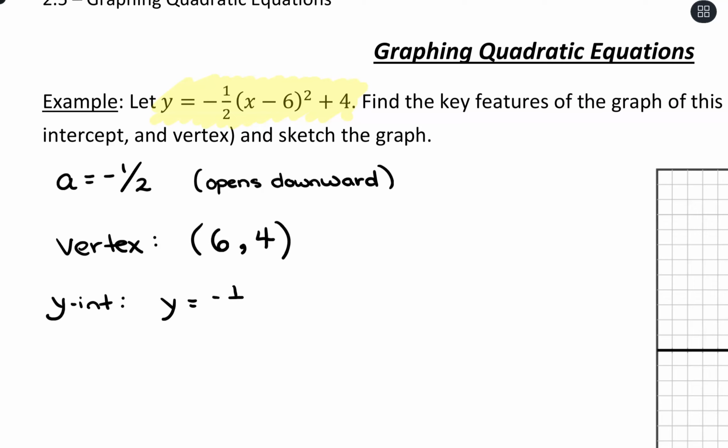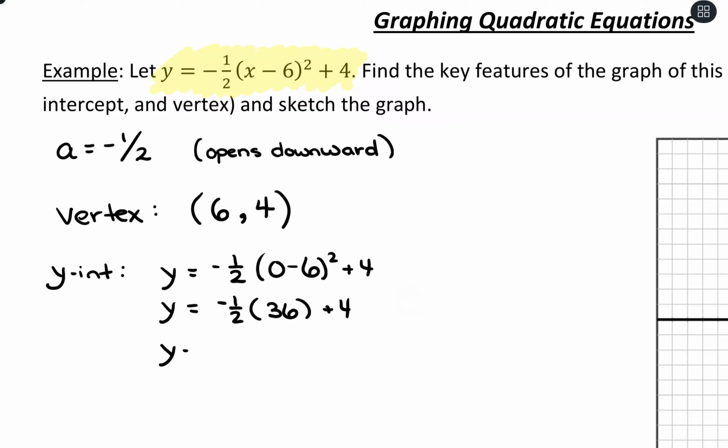So y equals -1/2 times (0 minus 6) squared plus 4. So y equals -1/2 times 36 plus 4. So -18 plus 4, so -14. All right, so I have the coordinate (0, -14).